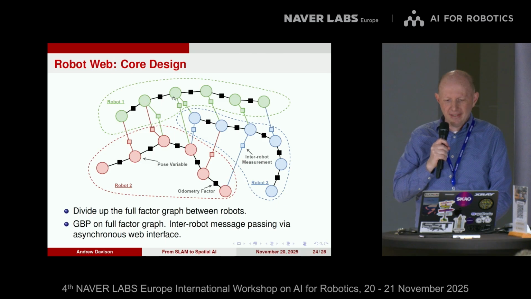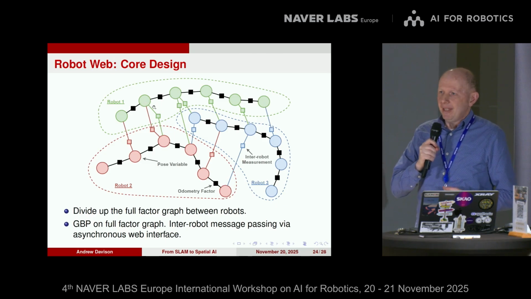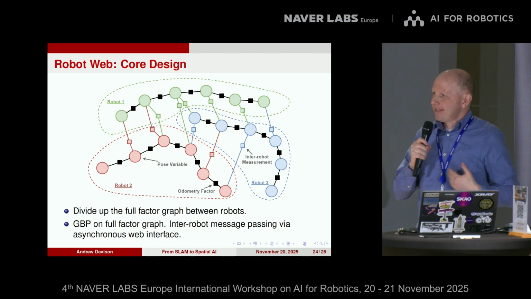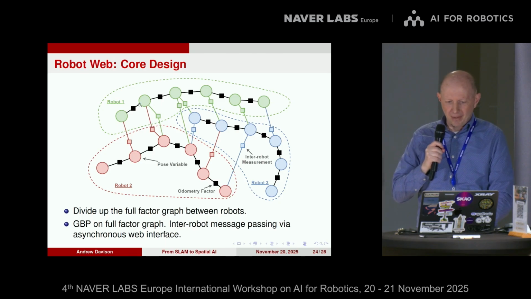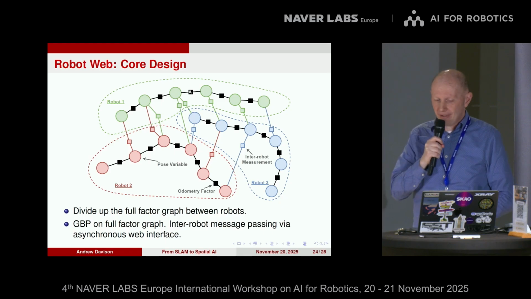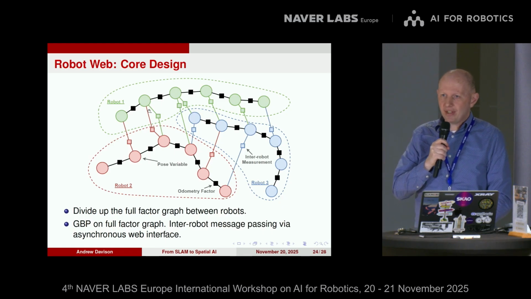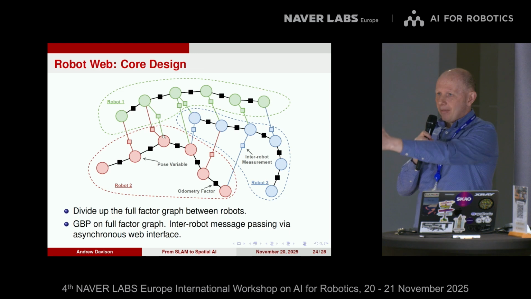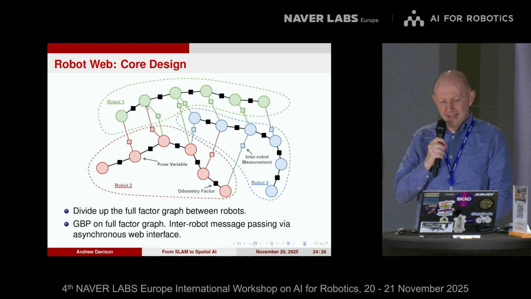So for robot 1, these are its position variables as it's moving. And we're assuming that that robot has a local ability to estimate its motion. That's represented by these factors here. This could be wheel odometry, or some local form of visual odometry. But also it can co-observe other robots in the scene. So we also have these factors that connect different robots, like one robot observing another. At this time step, this robot observed this one with its sensor, but also this robot observed this one with its sensor. So this is the full factor graph from that.